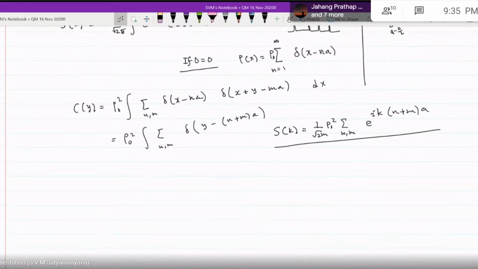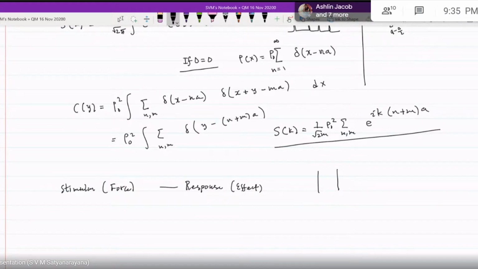So basically, you have something like a stimulus. The stimulus is generally some kind of a force, and then there is a response. Something like you have a parallel plate capacitor, then you apply a potential difference, and then there is a charge accumulated on this. So this is like stimulus, and this is like response.